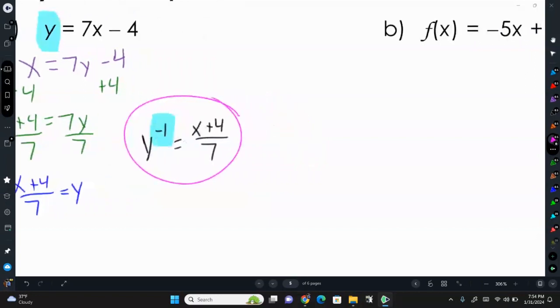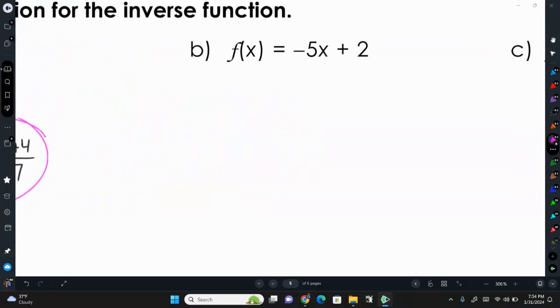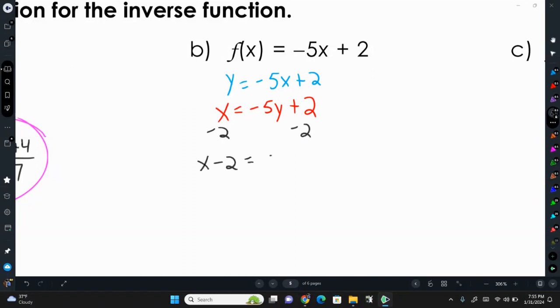Now in letter B, we have f of x equals negative 5x plus 2, so y equals negative 5x plus 2. Then we're going to switch where x and y are. And now we need to get y by itself, so we'll subtract 2 from both sides. X minus 2 equals negative 5y. Divide both sides by negative 5.